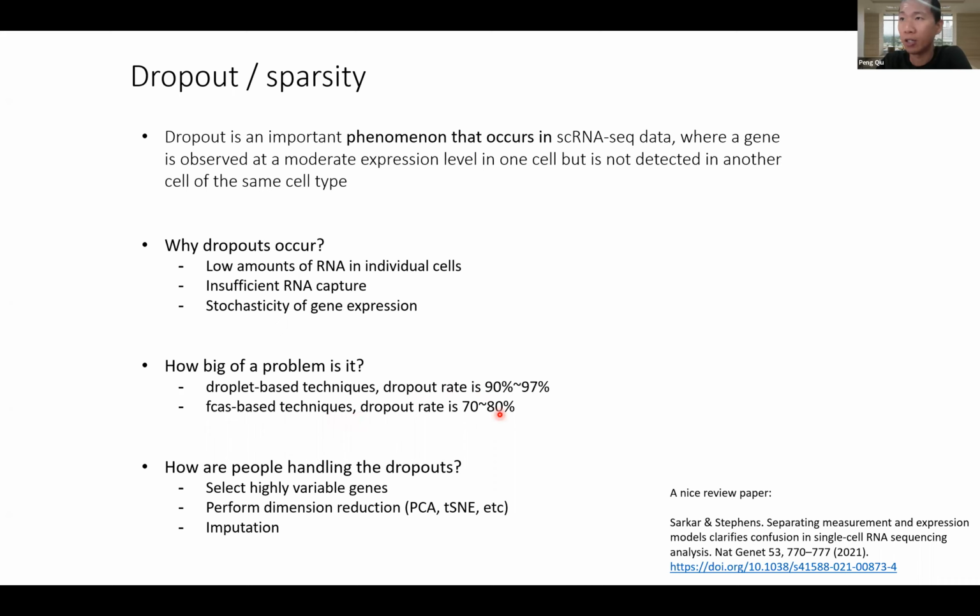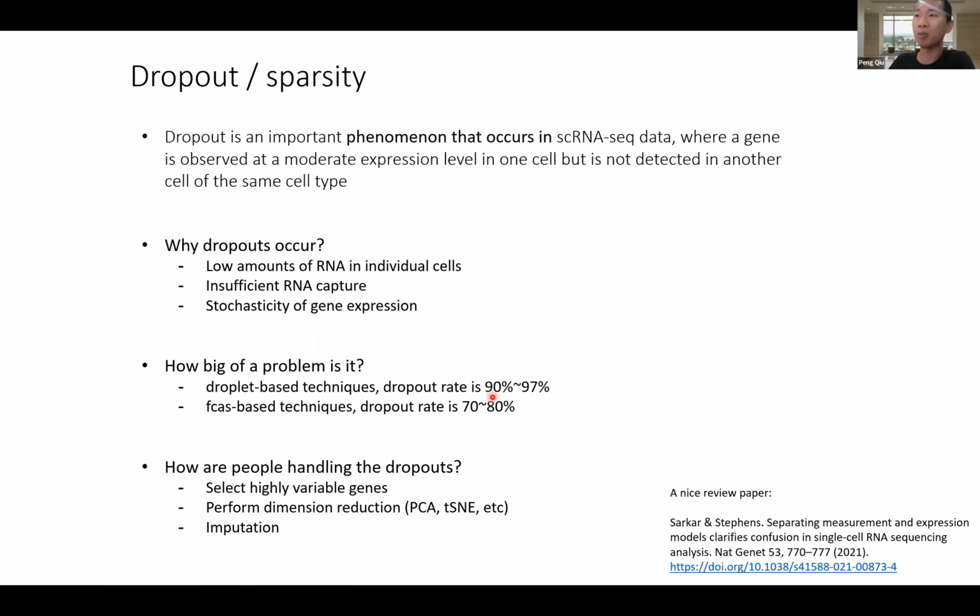But then, are all these zeros dropouts, or are all these zeros problematic? Are some of these zeros really supposed to be zeros? It's something that's very difficult to determine, and hence, if we ask how big of a problem is sparsity in single-cell RNA-seq, I can give you these numbers, 90% and 80%.